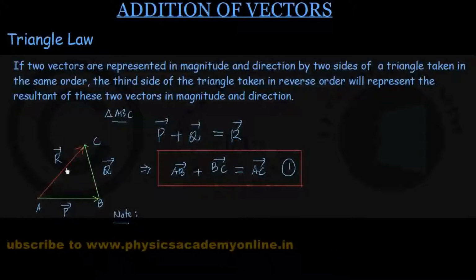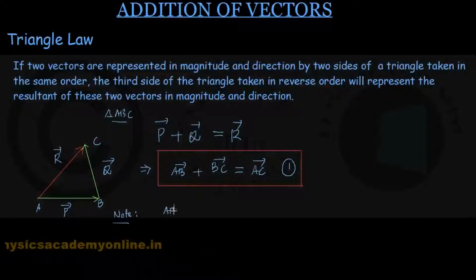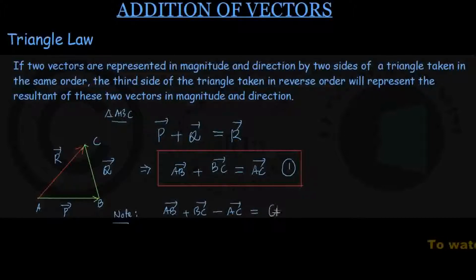As you can see, I have reversed the order. It automatically means that equation number 1 could be written as AB plus BC, then bringing AC to the left hand side, minus AC, is equal to null vector. Be careful, since I am treating vector algebra, I am not writing 0, I am writing 0 vector, that is null vector.